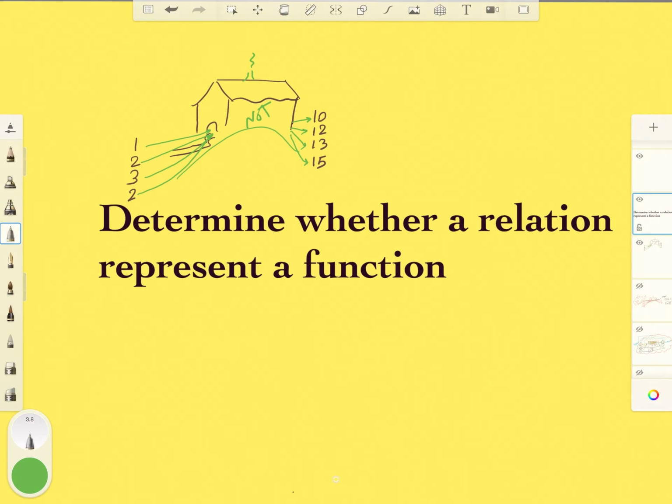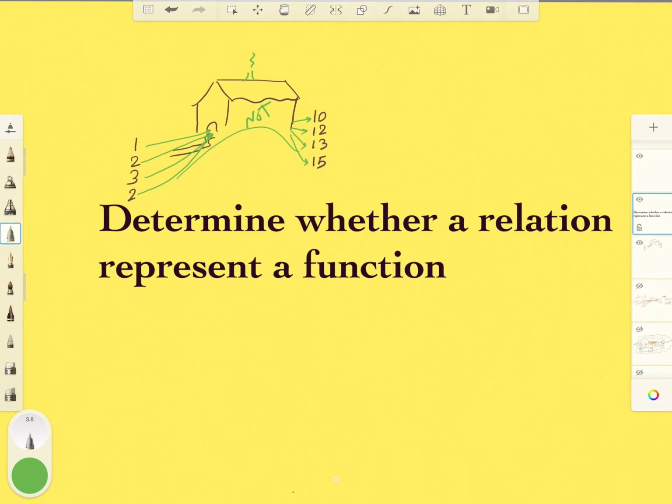So this contradicts the definition of a function. So this is not a function. If it's not a function, you should not worry about the domain and range. Usually they ask what the domain and range are if the relation is a function.